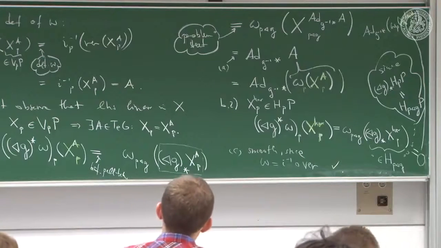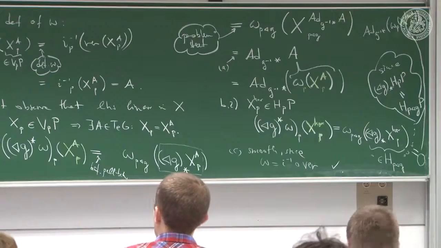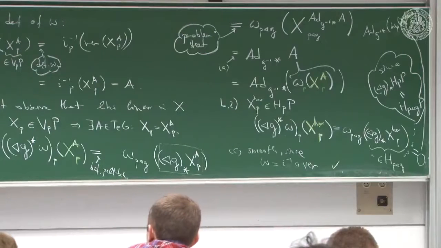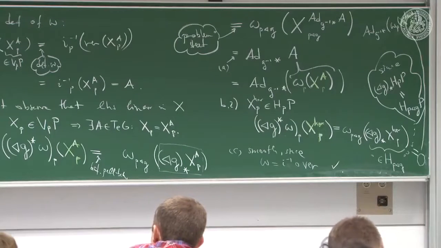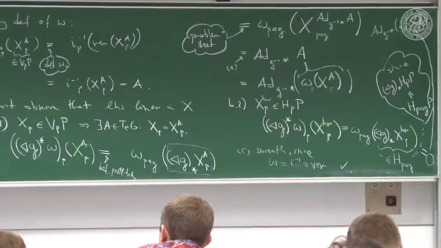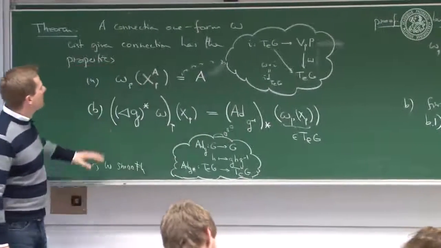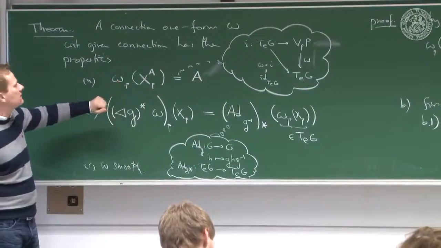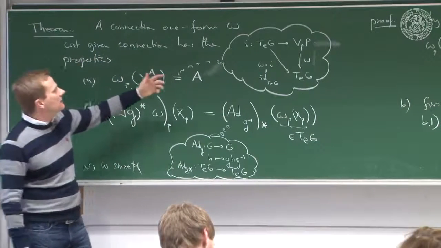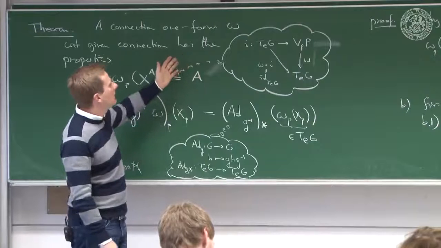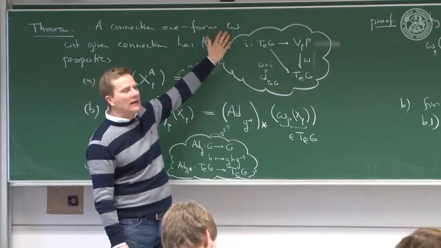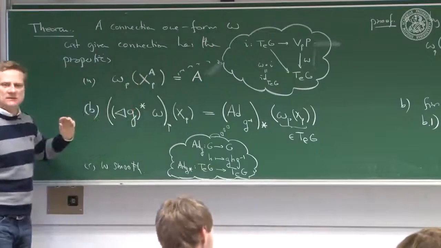which consisted in a choice of horizontal subspaces at each point. Now, this may scare one at first sight, but of course we had this before. And of course, it's much more convenient to say, you hand me a principal bundle, and now you hand me a one form with these properties.